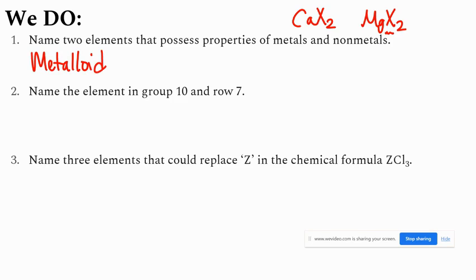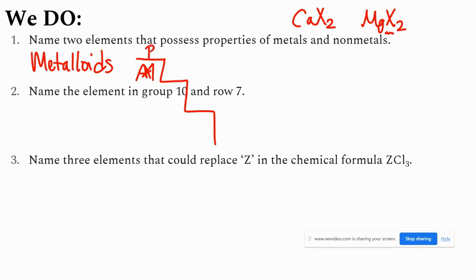Where are the metalloids located? Where did I tell you the metalloids were located? Stair step, excluding. What did I exclude in that? Aluminum. So Al was excluded.